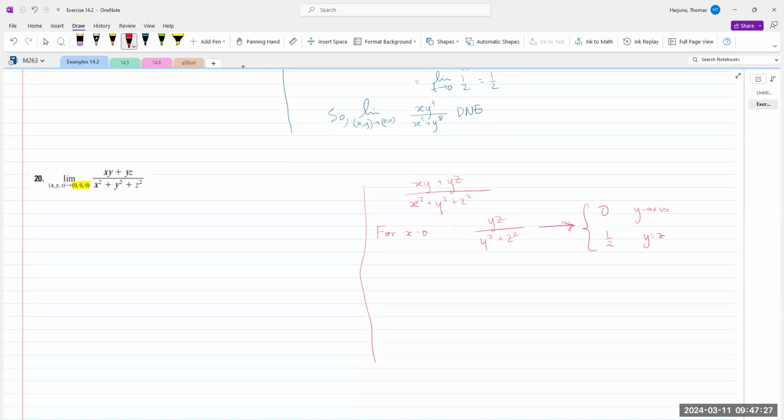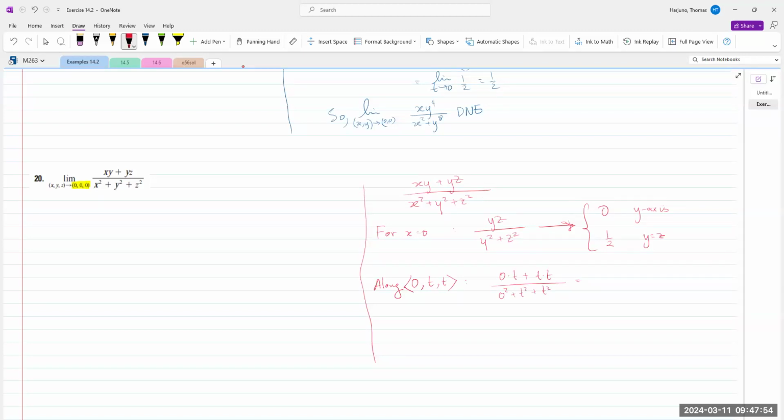In other words, we actually already found a path, (0, t, t). When we go along this, you will see 0 times t plus t times t over 0 squared plus t squared plus t squared.